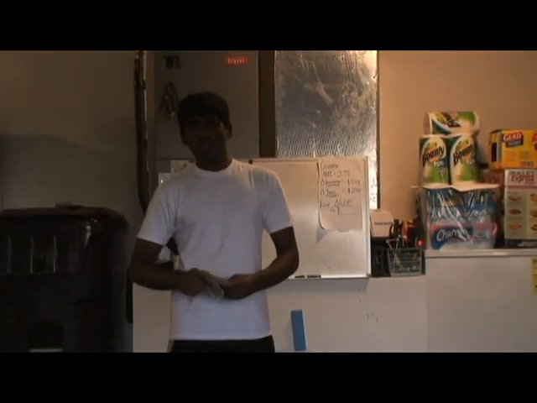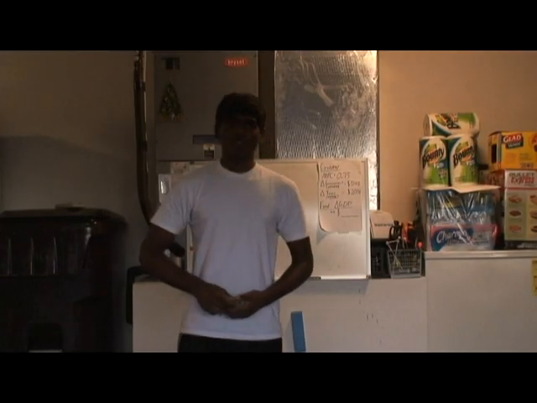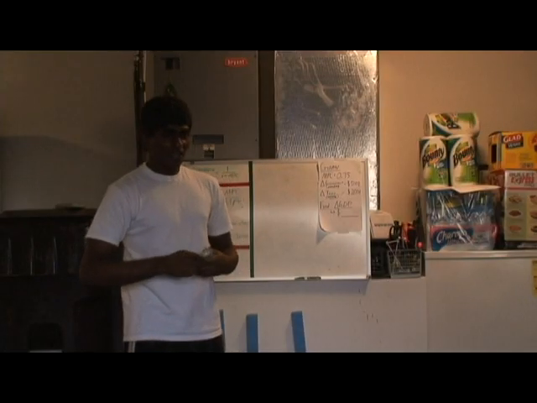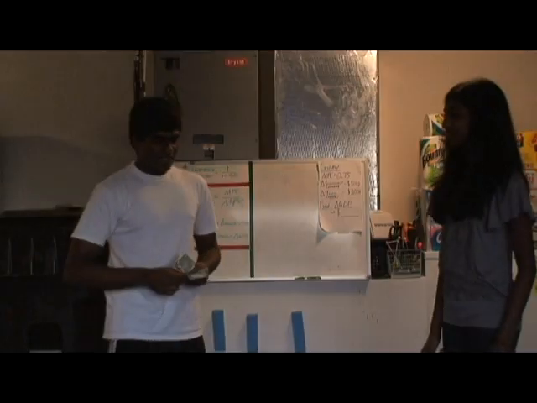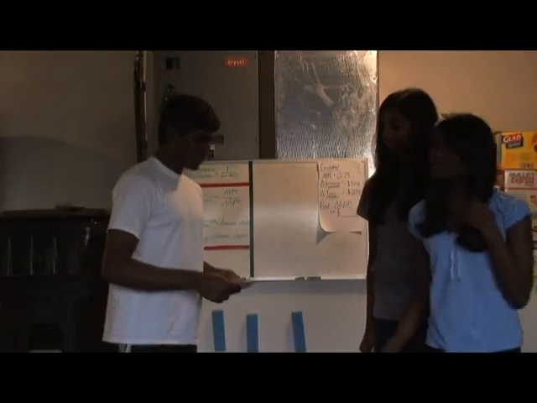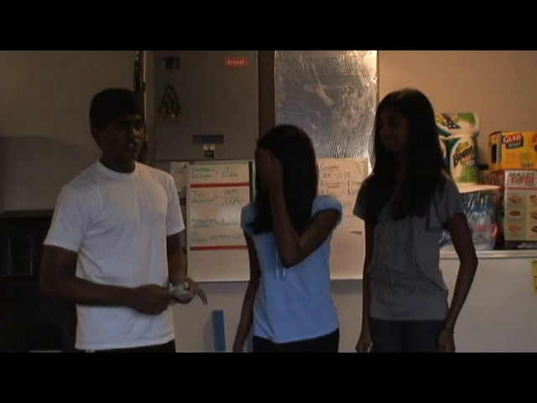Okay, now we're going to take a look at a practical example if the marginal propensity to consume is 0.5. So I'm going to bring some people here, and I'm going to start with $10. Of my $10, the marginal propensity to consume is 0.5, so I'm going to spend 5.